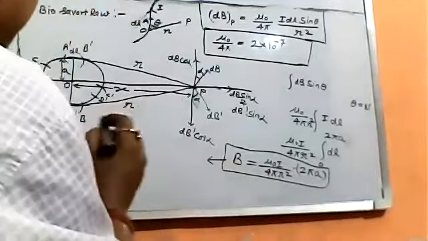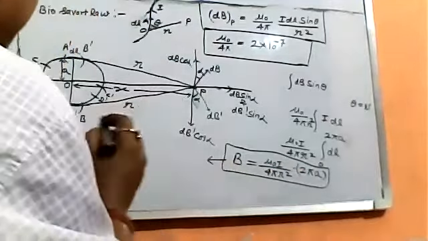this formula is similar to the electric field intensity at a point on the bisector axis of a dipole. What was the formula at a point on the bisector axis of a dipole? Can you tell me? Electric field intensity.